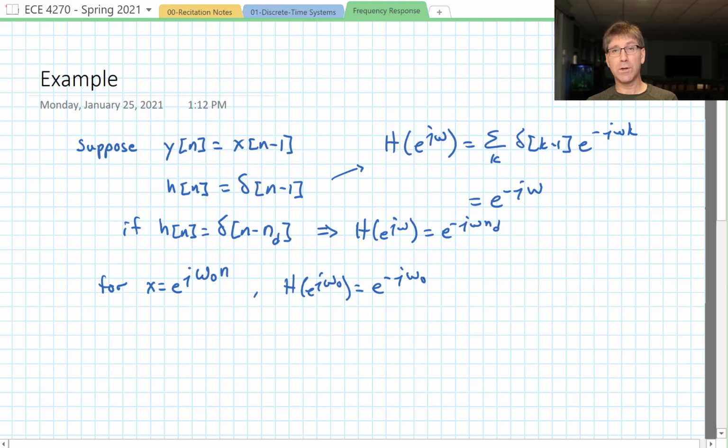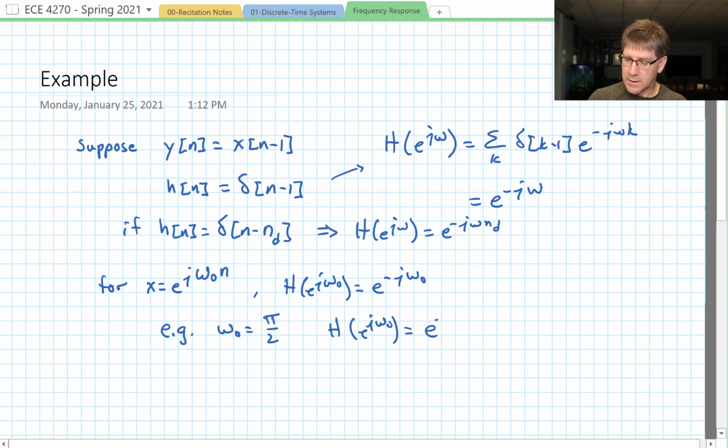So if we chose omega naught of, say, pi over 2, then H(e^{j omega naught}) is going to be e to the negative j pi over 2, which is just negative j.